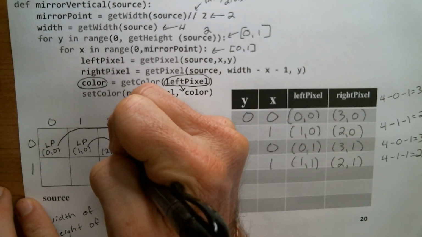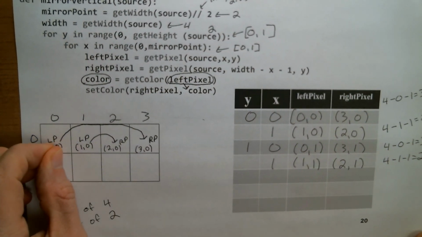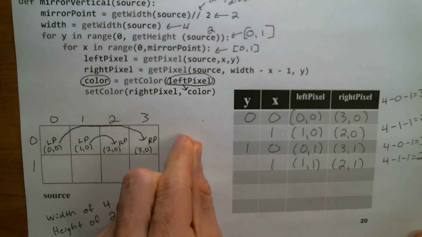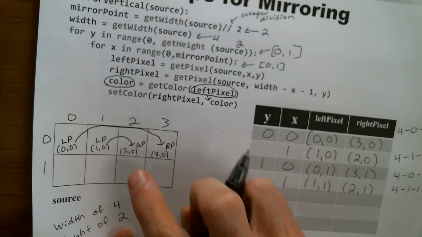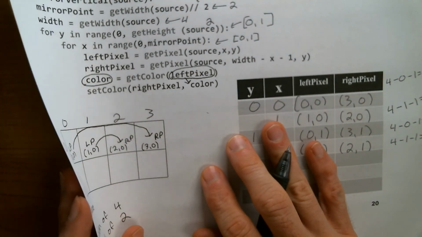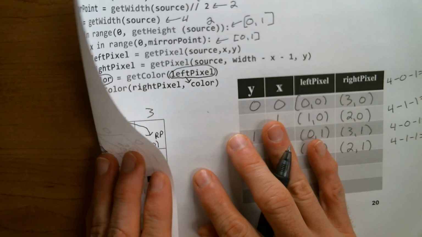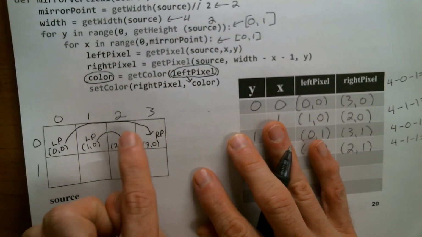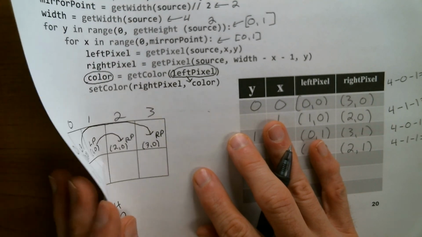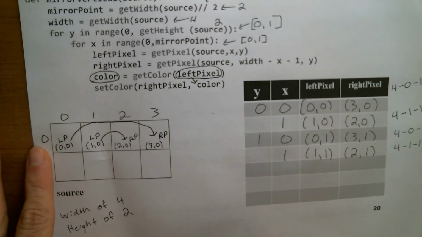So this would be our right pixel. So it keeps taking one and copying it over to the other side, taking one, copying it over to the other side. It's almost like you find your mirror point, and then you're folding the picture across that mirror point so that these colors end up over here, this color ends up over here, all along that dividing line that you created. And then it just continues.